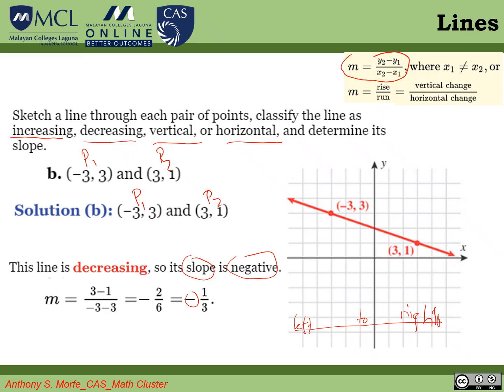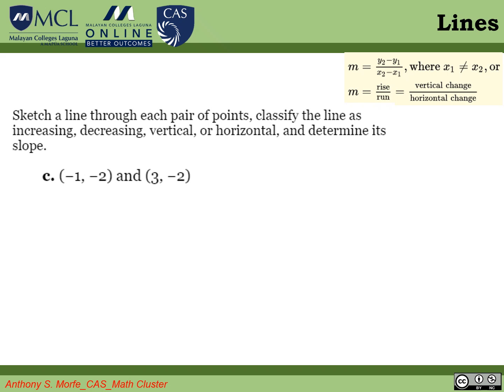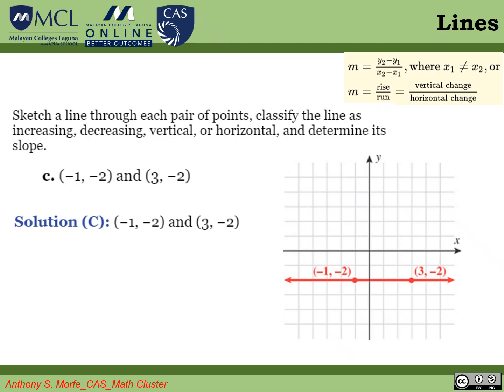So that's our second example last time, and then we solved the third example. When we plot the points and connect the points, we notice that the line that we graph is a horizontal line. If the line is horizontal, we know that the slope is 0. So the slope is 0 and the line is horizontal.